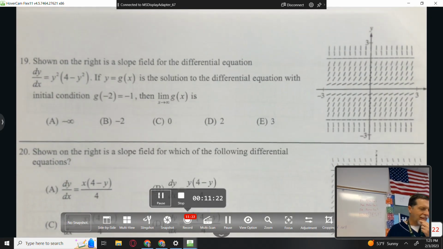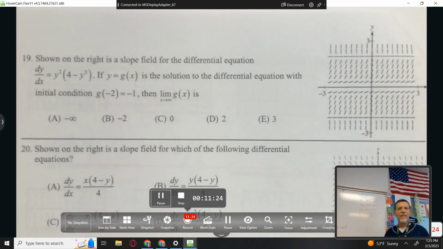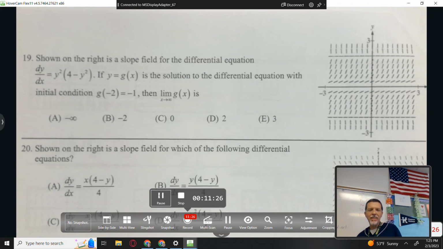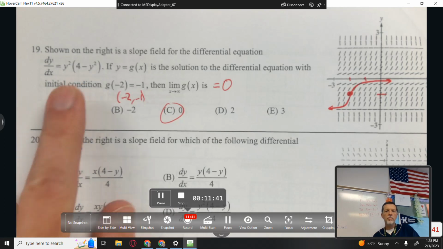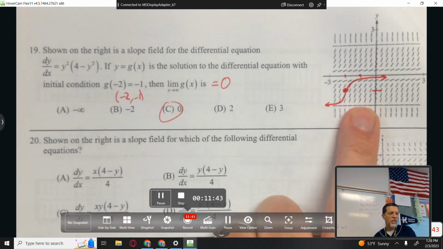Look at 19. See if you can do 19. So it gives you an initial condition. So put that point on the graph and then see if you can figure out what's going on. So sketch in the picture and then answer the question.